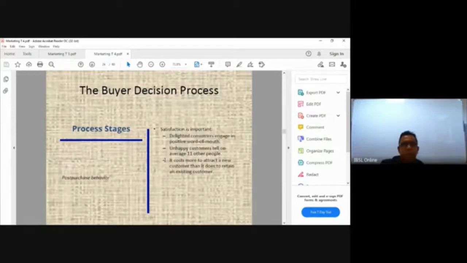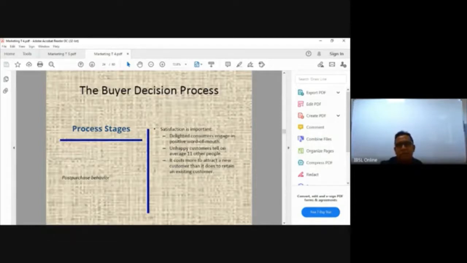Then the post-purchase behavior, that is after purchase. Delighted customers engage in positive word of mouth. Unhappy customers tell on average 11 other people. It costs more to attract a new customer than it does to retain an existing customer. So we have to remember that an unhappy customer will tell on average 11 other people about the unhappiness.